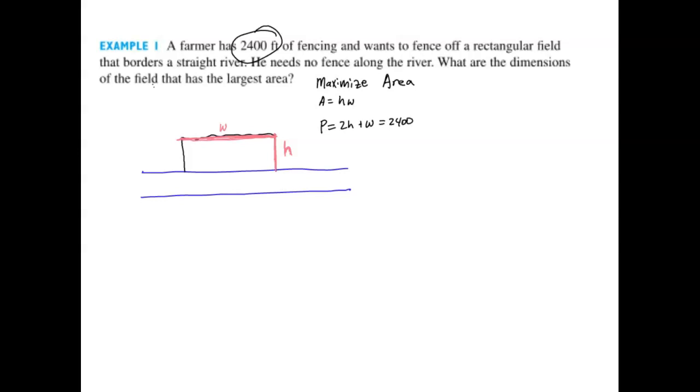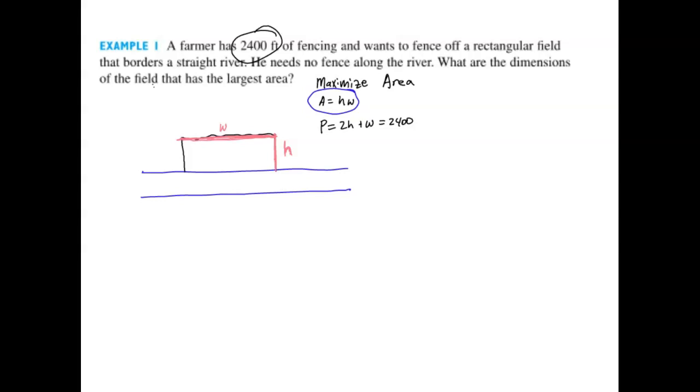And so now I have this other piece of information that will allow us to put the area function, which is the thing we're trying to maximize, in terms of one variable, right? Now, which variable do you want it to be in terms of, h or w? Does it matter, really? It doesn't matter, so whichever one's easiest to isolate, usually. And I agree. Did you say w, Maisie?